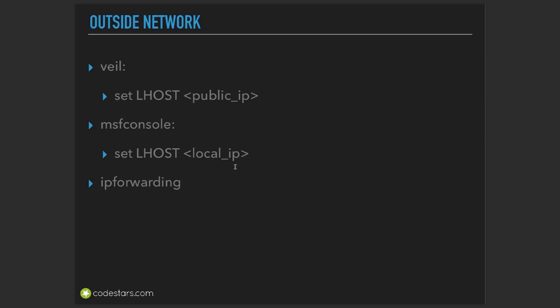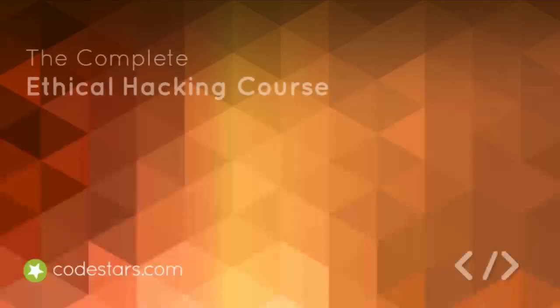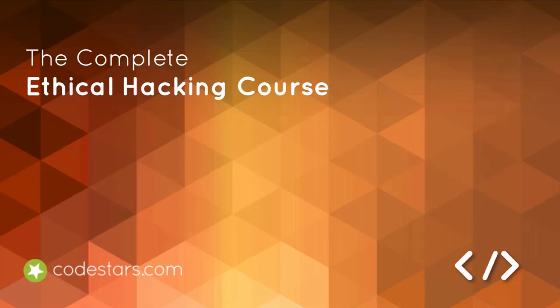So you will have to work with your USB Wi-Fi card in order to obtain a local IP for your Kali Linux machine. And you have to set the LHOST to your local IP in the MSF console, and you have to do a setting in your router administrator panel to forward this connection as well. And don't worry, I'm going to show you how to do all of these things in the next lectures.